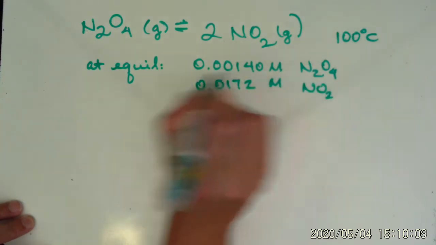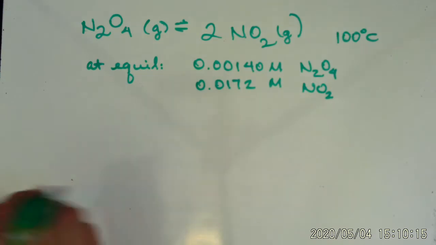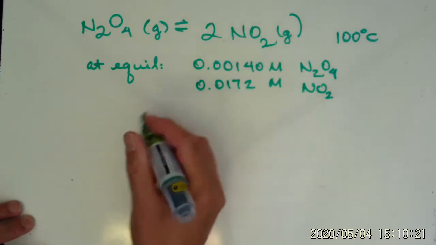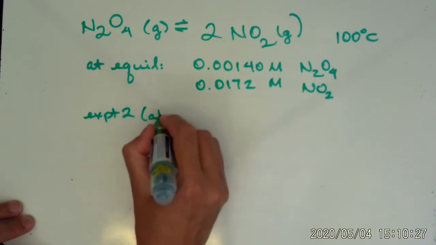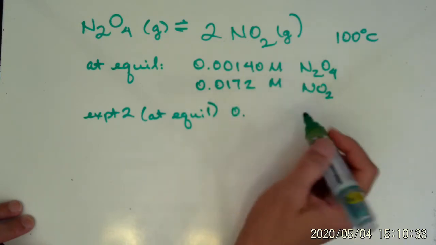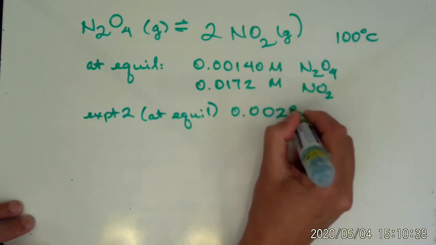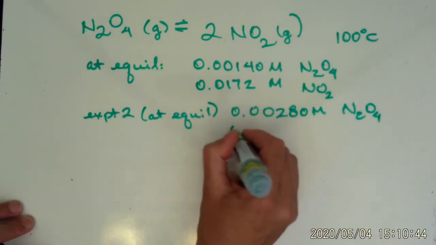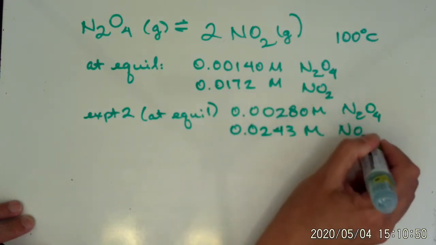Okay, if I did a different experiment, starting off with different amounts of the dinitrogen tetroxide and the nitrogen dioxide. For experiment 2, at equilibrium, we get 0.00280 molar dinitrogen tetroxide, 0.0243 molar nitrogen dioxide.